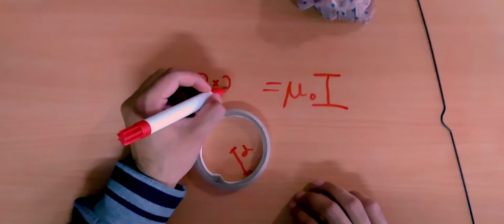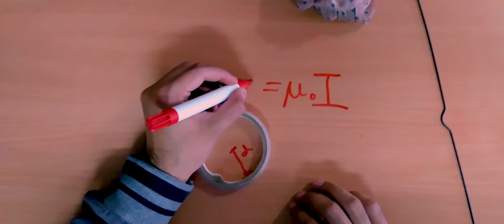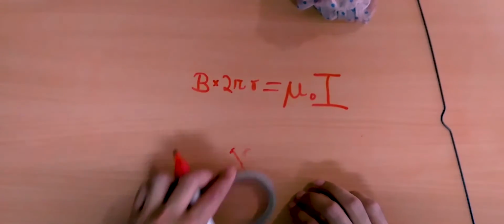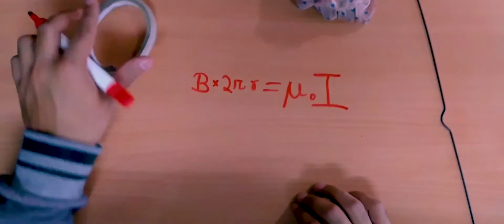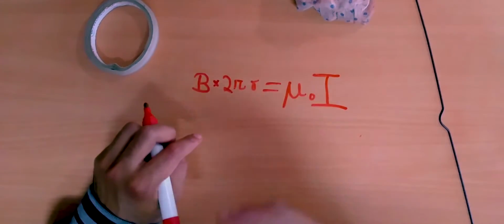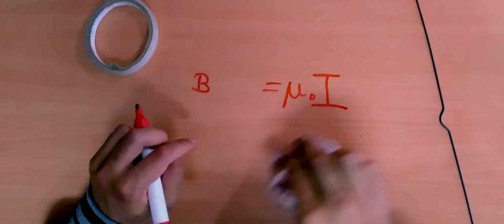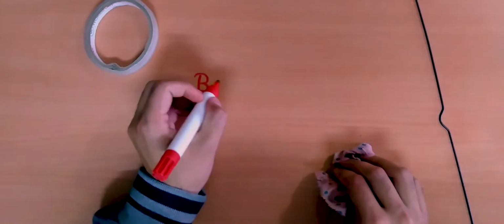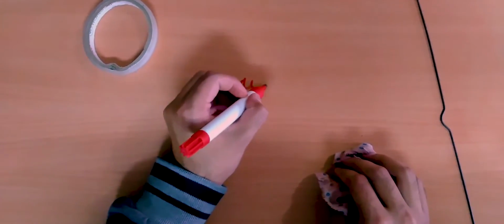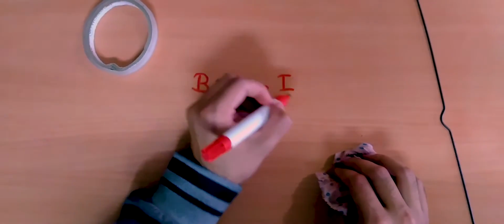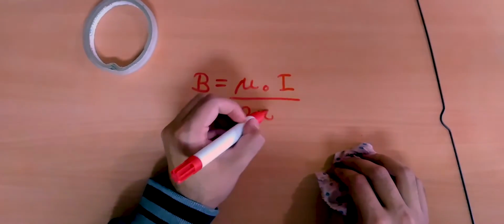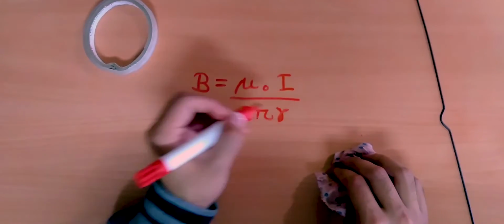So B times 2 pi r, and to solve for B, I can simply shift this 2 pi r to the other side. So I'll rewrite the whole thing. B equals mu naught I upon 2 pi r, and that's it.